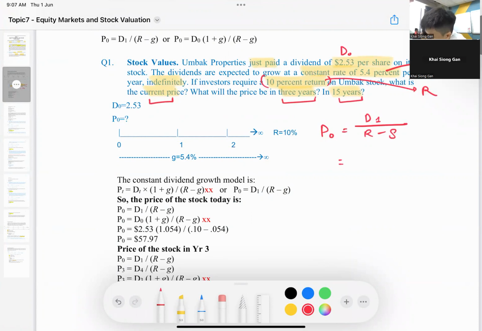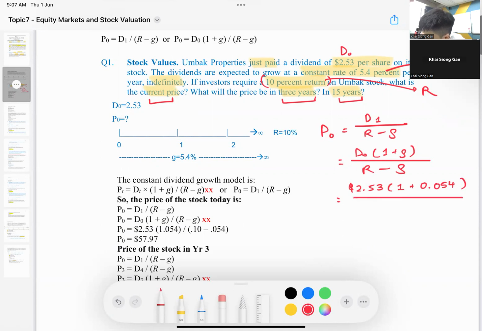Because there's no D1 being provided, I have to use D0 times (1 plus G) over R minus G. So D0 is 2.53, times 1 plus G. G is 5.4%, so convert to decimal. And then required rate of return is 10%, 0.1, minus growth rate, 0.054. Put into calculator and what answer do you get? You should get 57.97. See if you can get these answers.